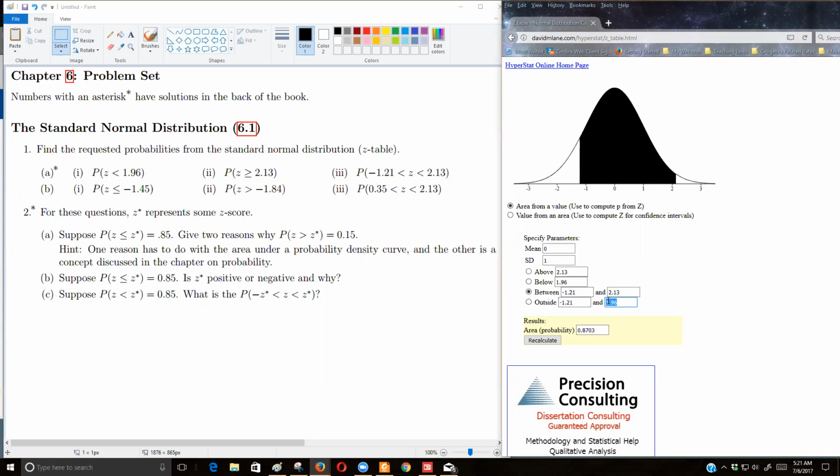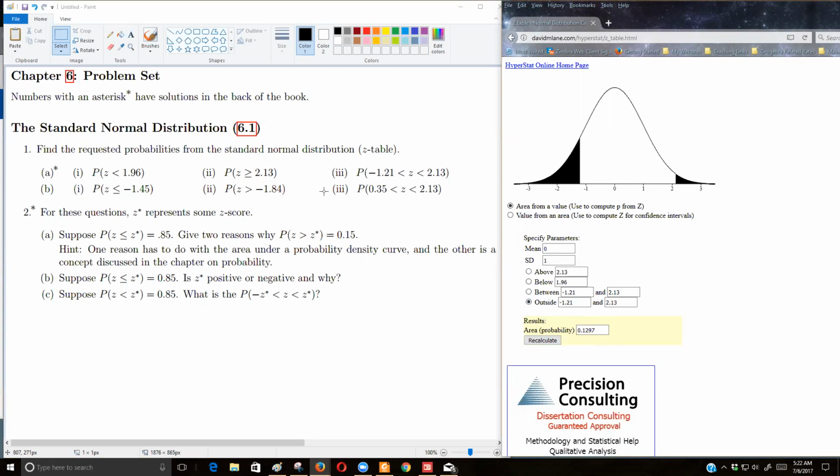Change it slightly. And 2.13. And if I go outside that, I'm looking for those white tail areas. So notice how it just switches it. And what it did is it took this answer and subtracted it from 1. It probably did a little bit more than that mathematically, but that's the net result.